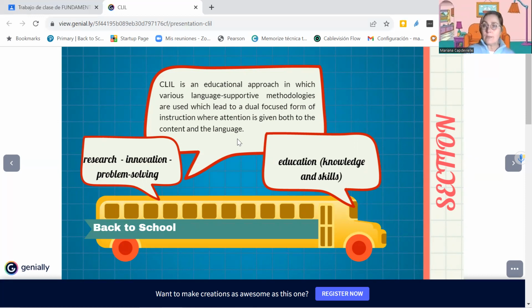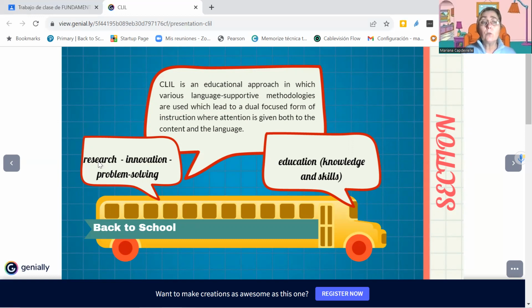You are supposed to be teaching that content and also the language. Now, sometimes you need a vehicular language that can be English, or Spanish, or, I don't know, Guarani, or whatever language students need to access the content.